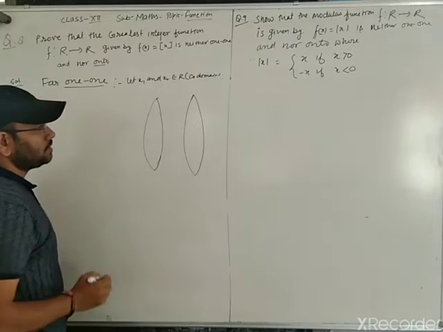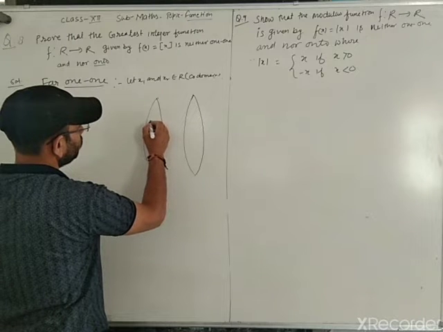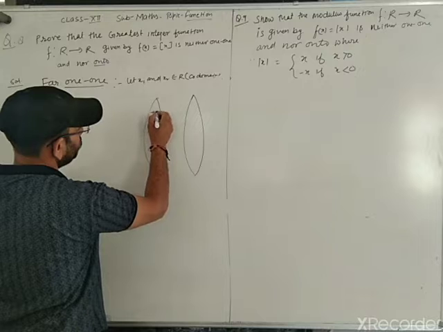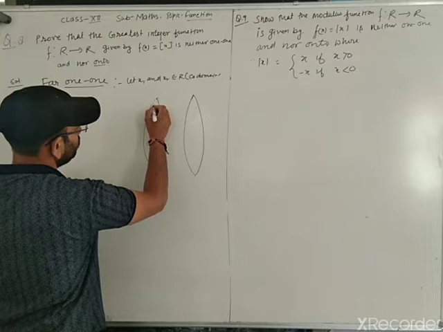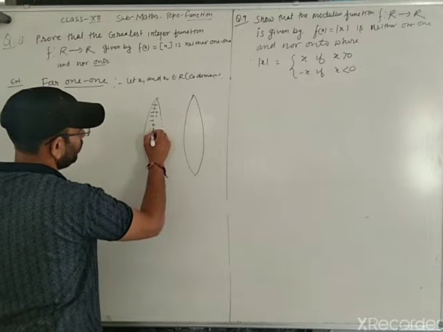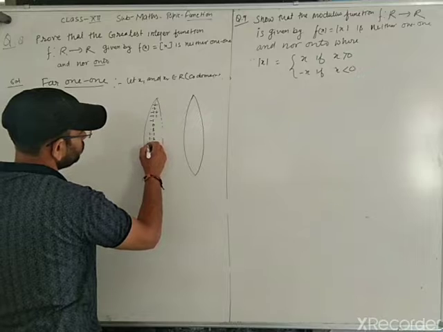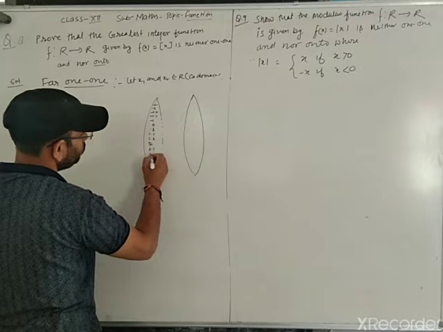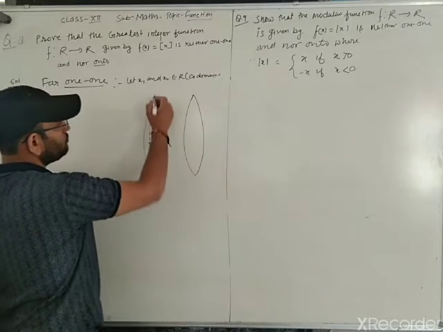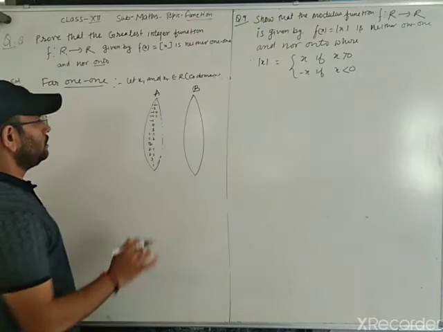In these two sets containing the set of real numbers, so 0, -1, -1.1, -1.2, -2, -2.1 and so on. Similarly 1, 1.1, 1.2, 2, 2.1, 2.3, 3 and so on. Similarly on this side also, I am letting set A and set B both be the real number set.